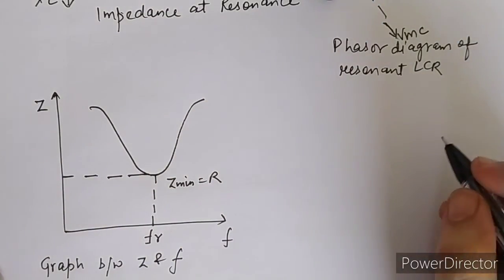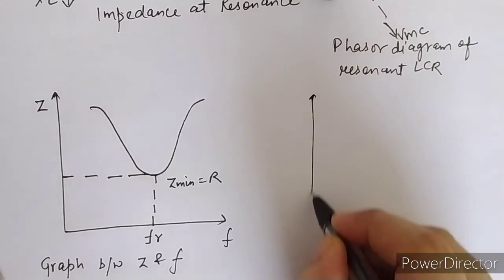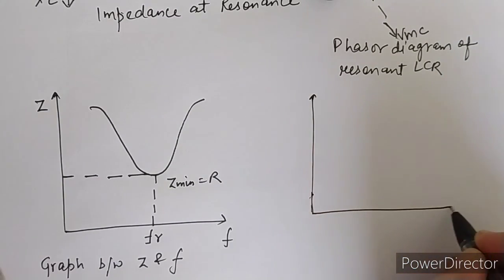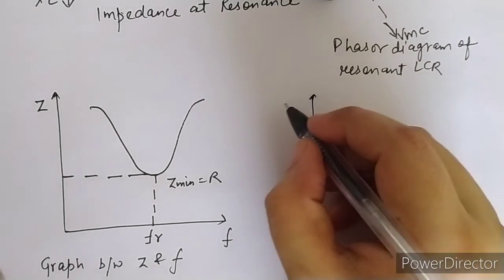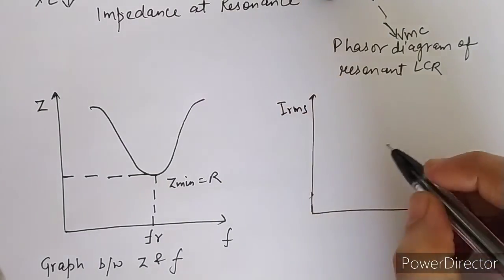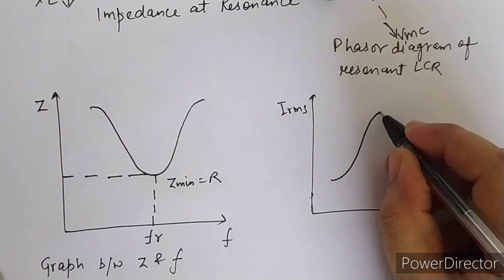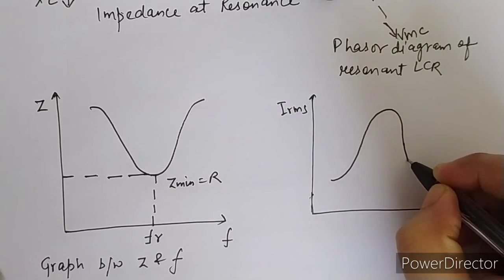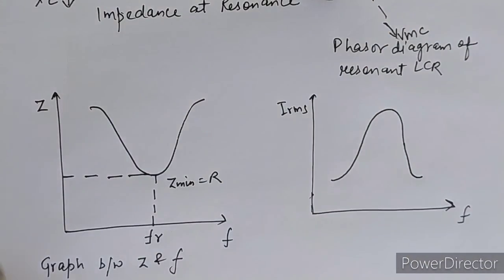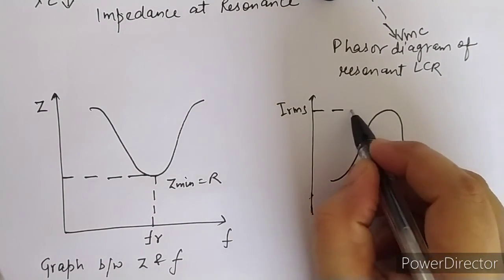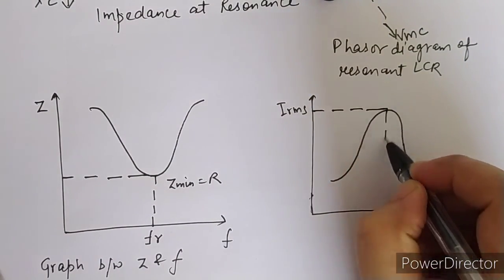Okay, and next we are plotting the graph between the frequency and the IRMS value. So this will be like this. Here you get the maximum value.